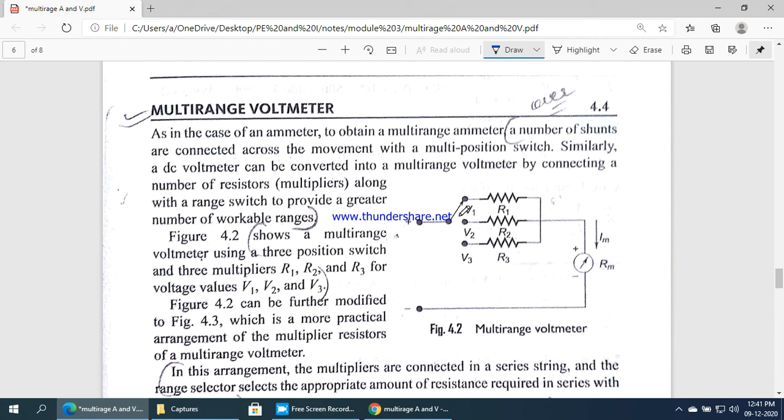In the previous case we connected many resistors; here also, with the help of this multi-position switch, we can convert a normal DC voltmeter to a multi-range voltmeter. These are the resistors which we can adjust to calculate the value of the voltmeter.